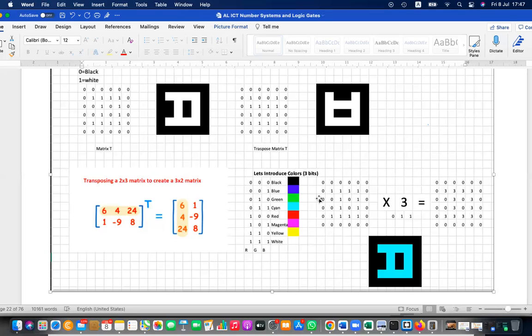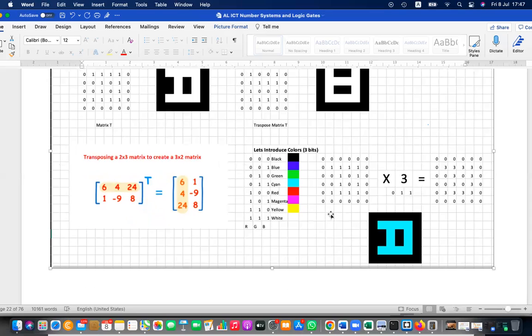Okay, see this. This is how you represent colors. When you multiply this D matrix by 3, 3 means 0, 1, 1. So all these ones will become 0, 1, 1. If in a cell there is another 0, 1, 1, that will be converted to a color.